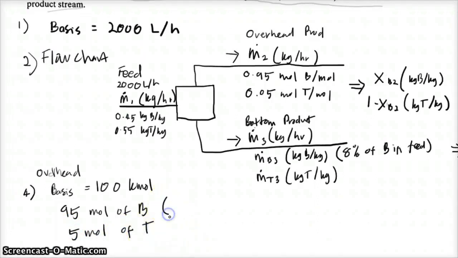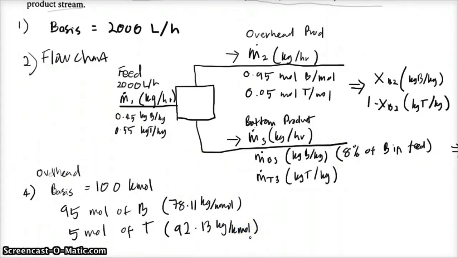Since we know the molar weight of benzene, which is 78.11 kilogram per kilomole, while for toluene it is 92.13 kilogram per kilomole. You can look this up in table 1 in the textbook.